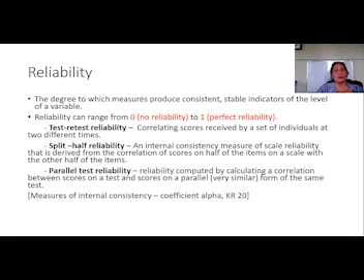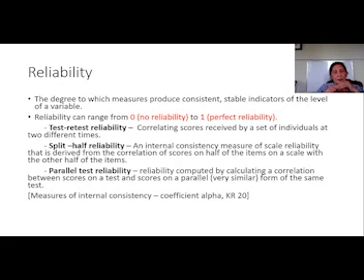Okay. Tests have got to be tested for their reliability. And there are three general ways by which we can test the reliability of a certain test. The first one is test, retest reliability.